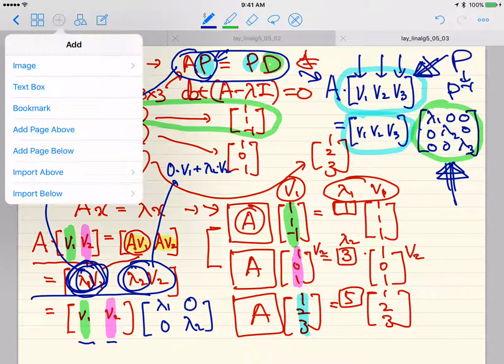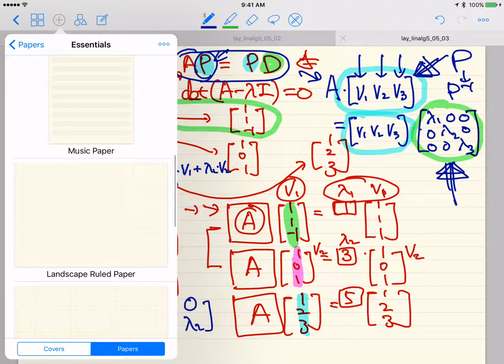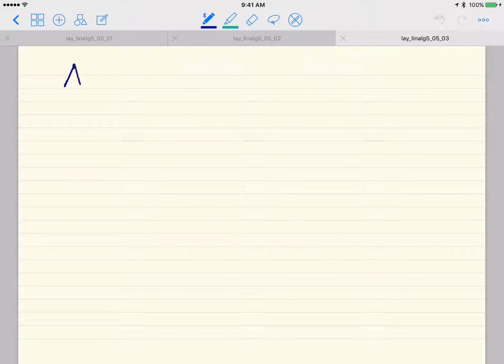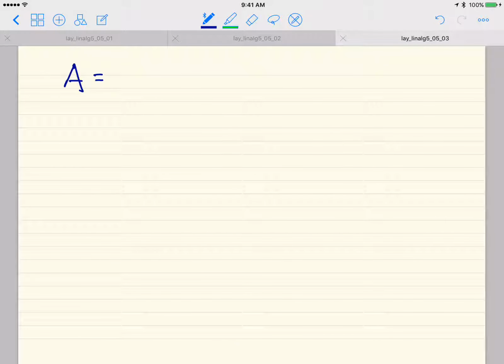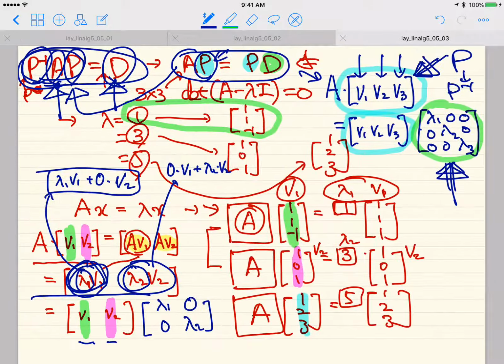So altogether, I'll just rewrite this P inverse A P equals D as A equals P D P inverse. Okay. So in this case, again, this P will be this matrix.